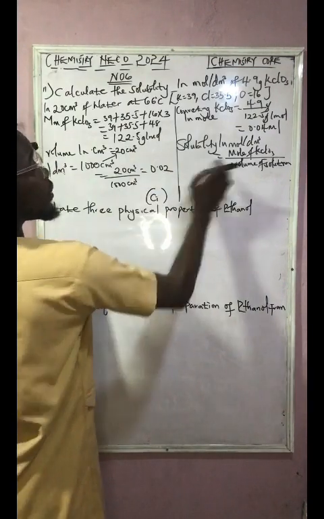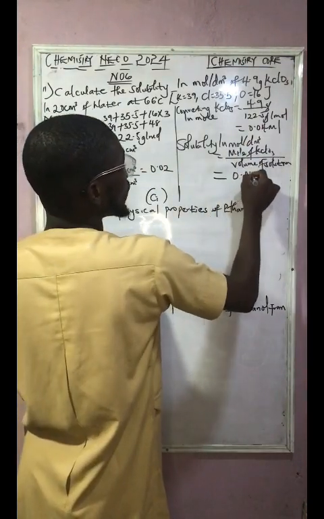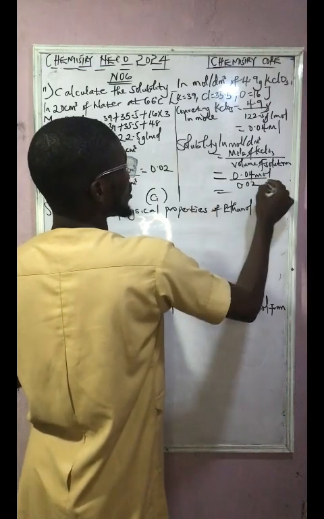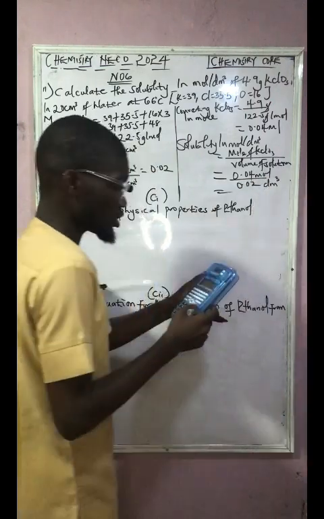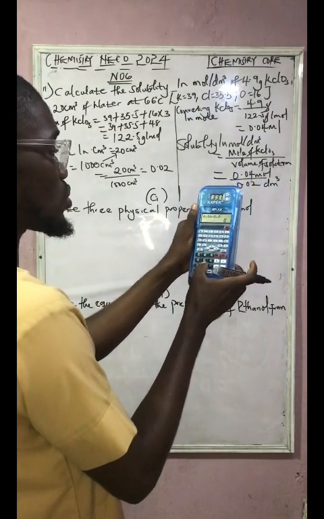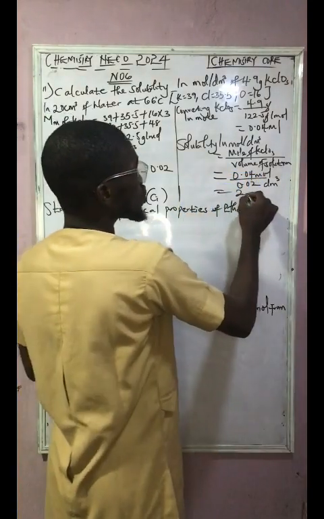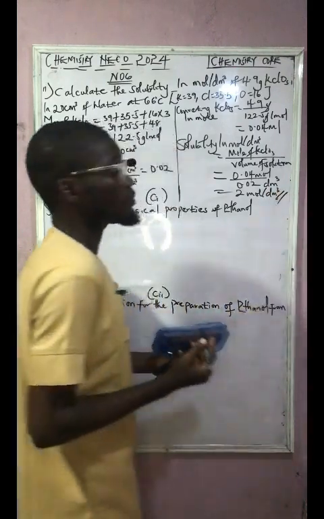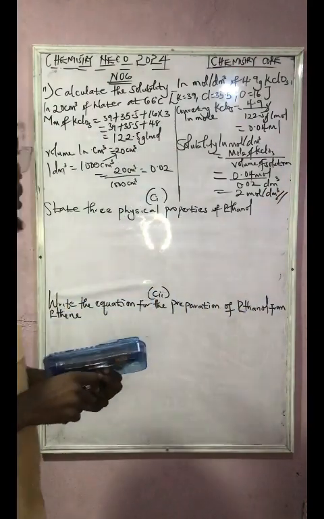For this we have 0.04 mole divided by 0.02 dm cube. So 0.04 divided by 0.02, we have 2 mole per dm cube. You can see, as simple as ABC.